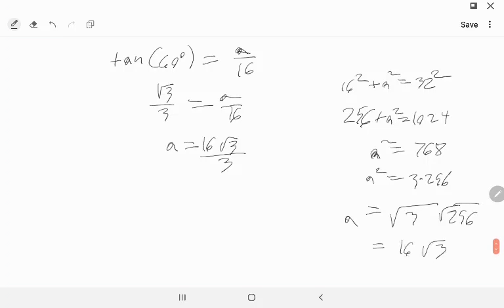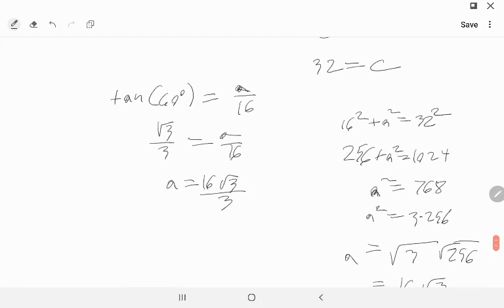So we did something a little wrong. What did we do? Oh, that's why, because tangent of 60 is actually just radical 3. I always have to be careful about that.